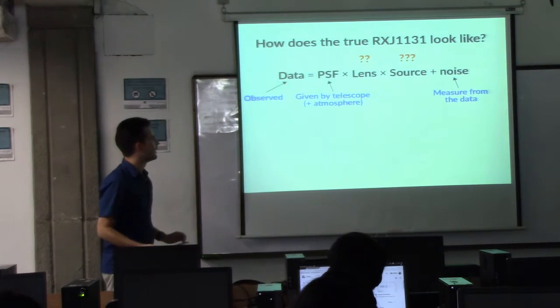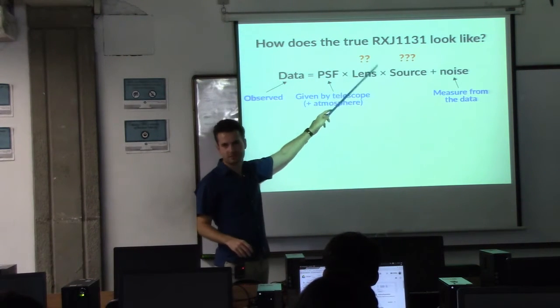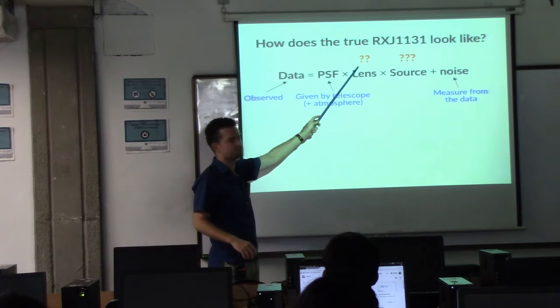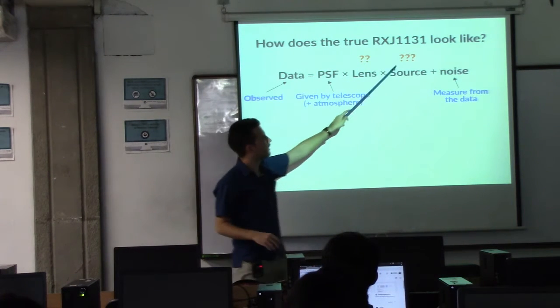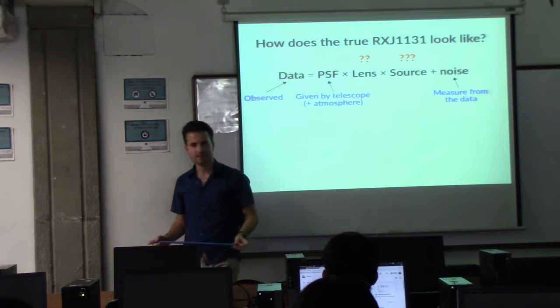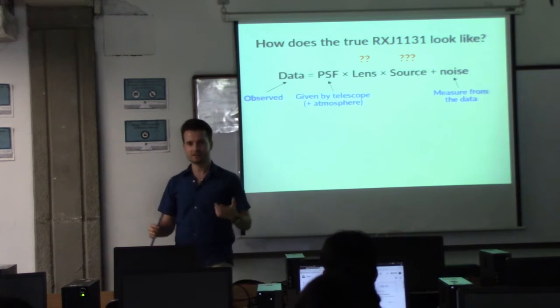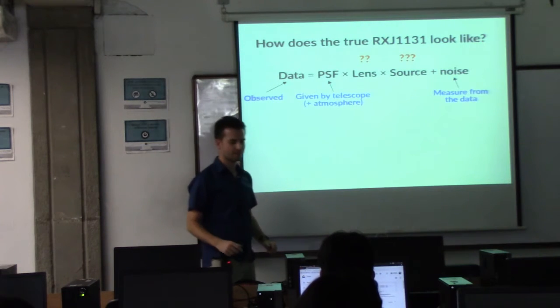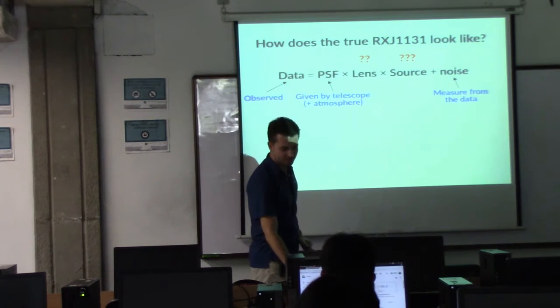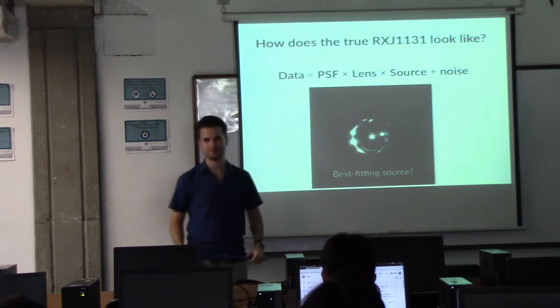But we can say that the lens is a single isothermal ellipsoid. Let's make that assumption and have a pixelated source. And when you use this approach and run it on RXJ1131, the source looks like this.